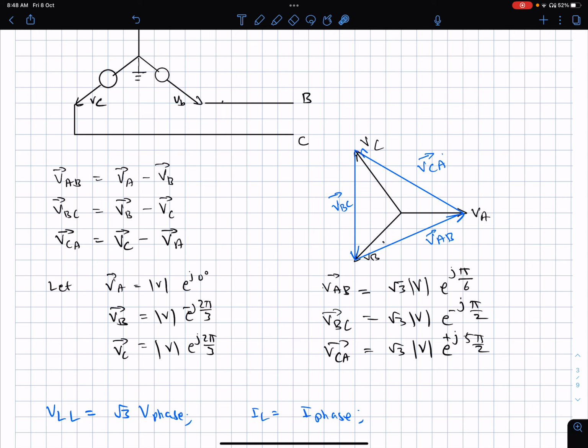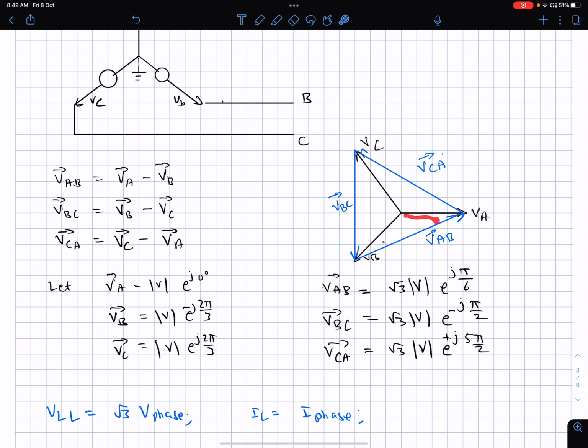So each of the line voltages in a balanced star-connected system has a line voltage which is root 3 times the phase voltage, and they have a phase shift which amounts to a rotation of 30 degrees from their respective phase voltages.